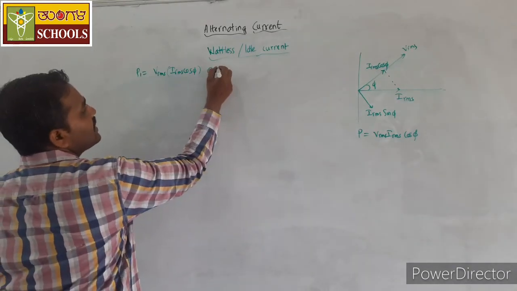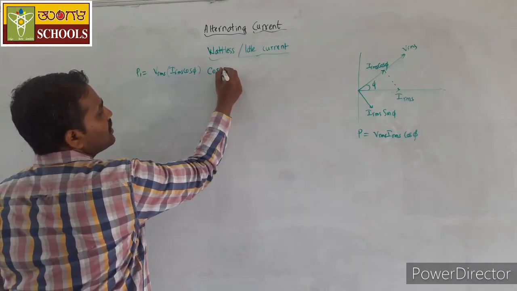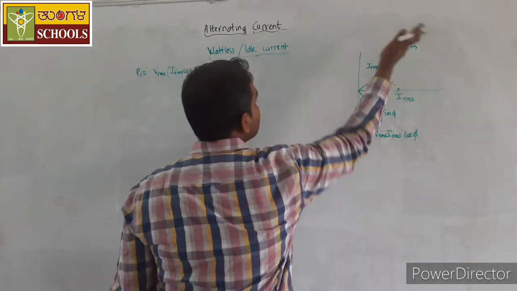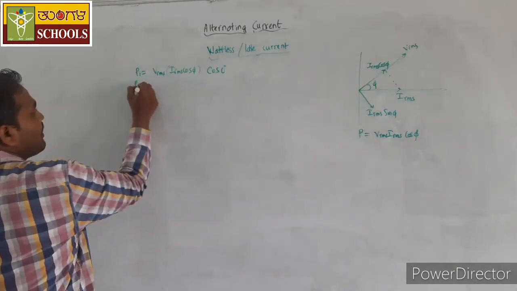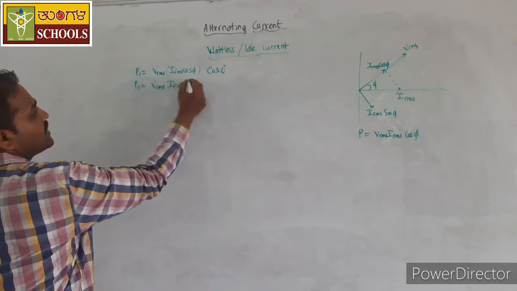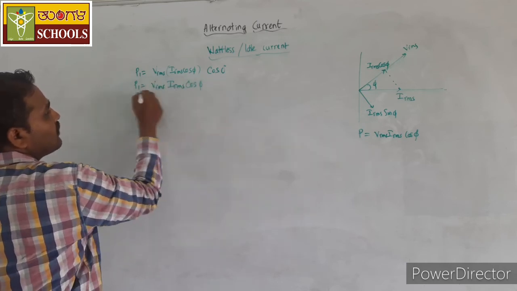So here I will get the power factor as cos 0 degrees, because both are along the same direction. So P1 is VRMS into IRMS into cos of phi.